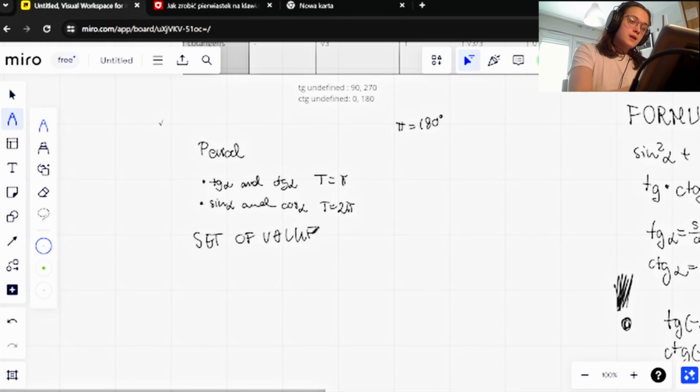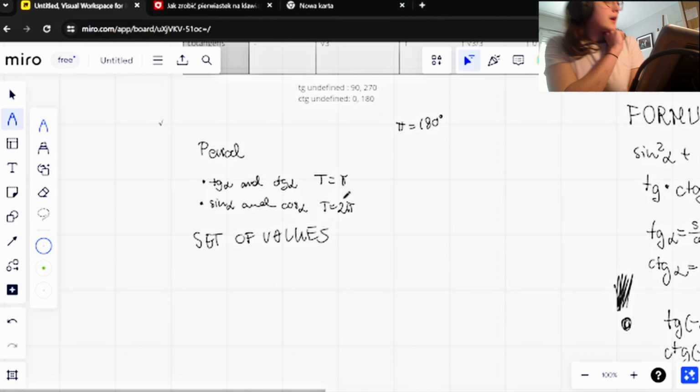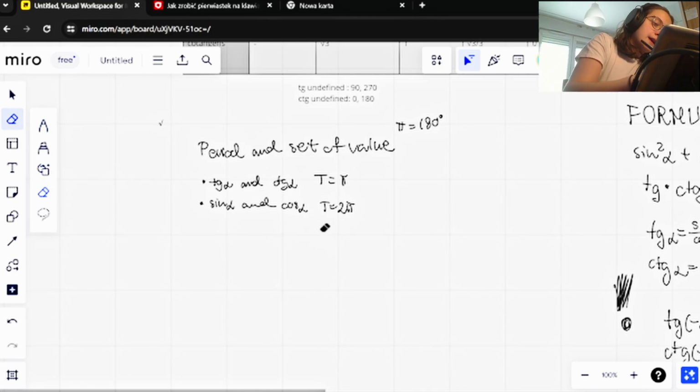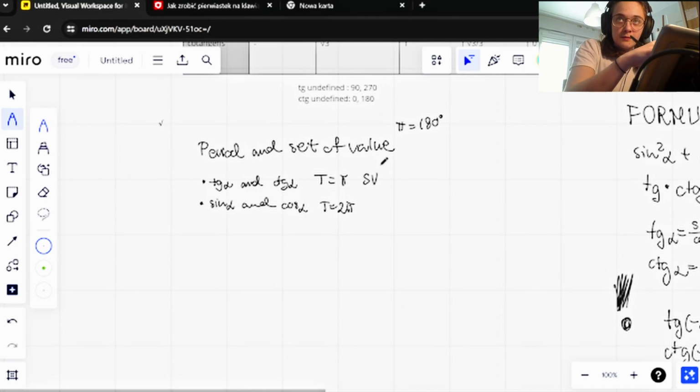Yeah, I'm not sure. Anyway, the set of values is also different. Write it this way because in Poland we write it ZW, so I will just write it this way, and it goes on and never stops.